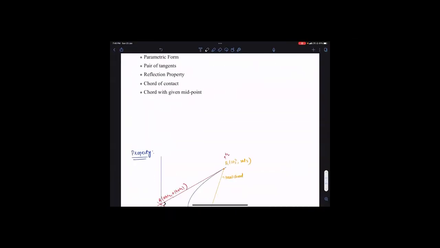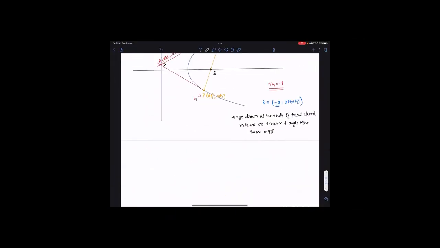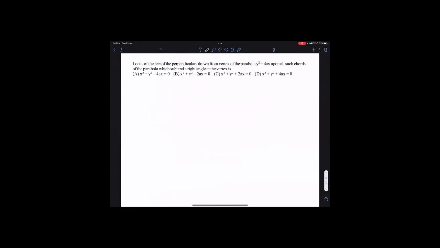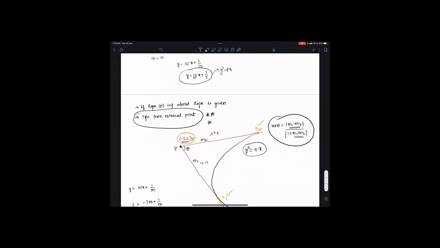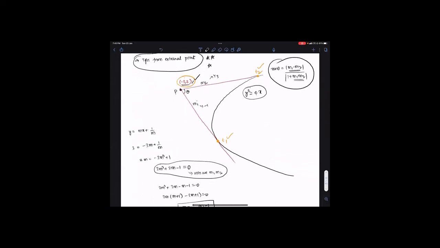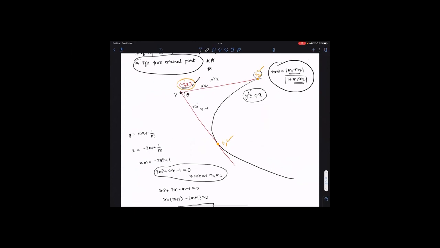Normals are not required yet because, in tangents, whatever we have discussed: from an external point, how will you find the tangents? Slopes of tangents. You will substitute the point in which form? Slope form of tangent. Correct. And if you want the points of contact, what will you do? You will substitute that point in the parametric form of tangent.